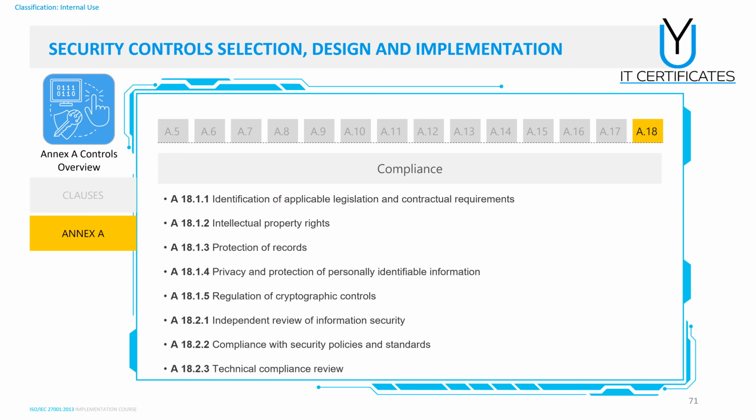If you have any intellectual property, you have to protect it and keep an eye on it. You have to provide the mandatory security controls and make sure that this intellectual property is not stolen or compromised by anyone. You have to protect the records.